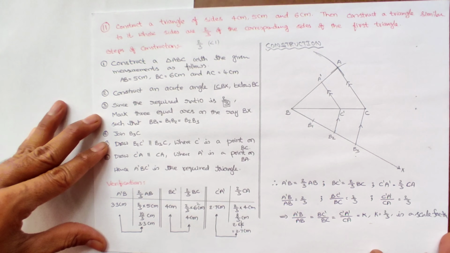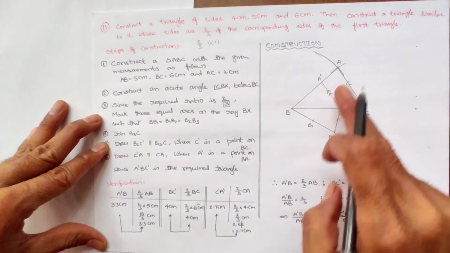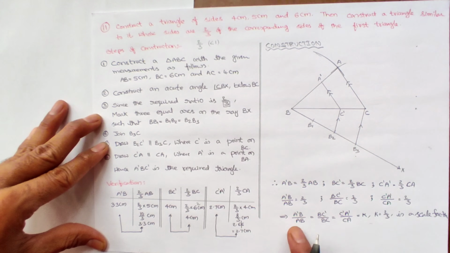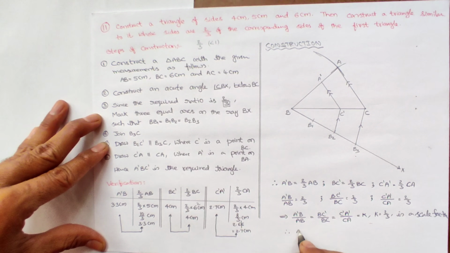Now with this we can say that the corresponding sides of A dash B C dash and ABC are in the same ratio. When the corresponding sides are in the same ratio, by SSS similarity axiom we can say that triangle A dash B C dash is similar to triangle ABC, whose scale factor is 2 by 3.